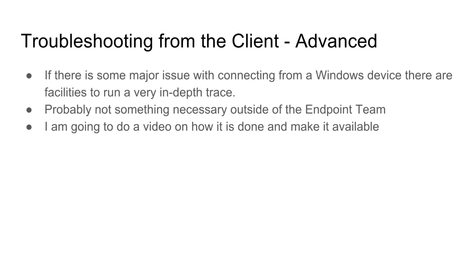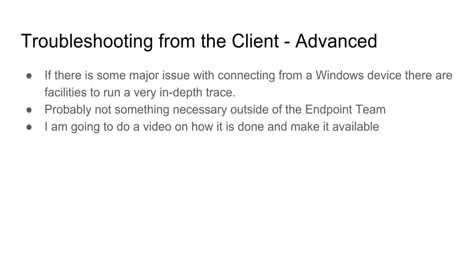Now, advanced troubleshooting from the client. Again, this is a watch this space. I found that there were some commands under netshell or netsh which allow you to run a trace, a wireless trace. And you can specify that you want to run a trace against the WLAN and that you want to store the results of the trace in a particular file.